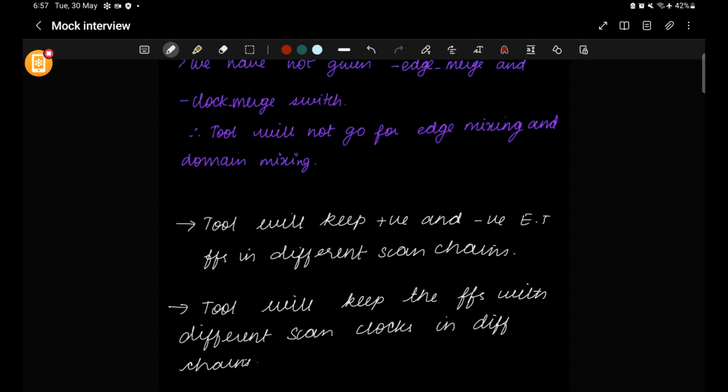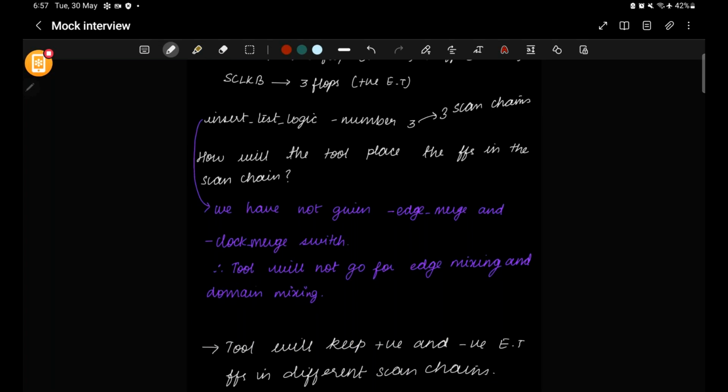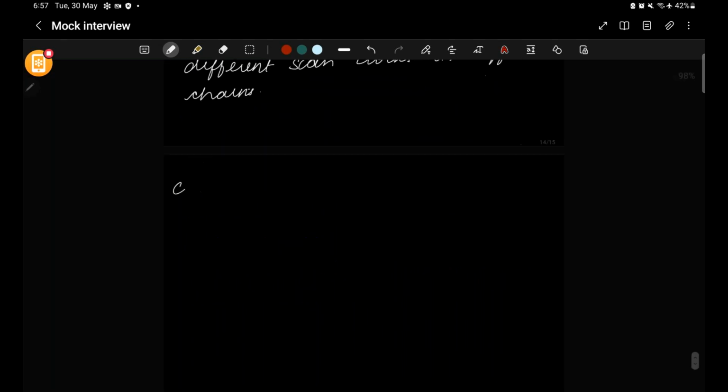We have given insert test logic hyphen number 3, which means the tool has to place 3 scan chains. So it will keep chain 1, chain 2, and chain 3.